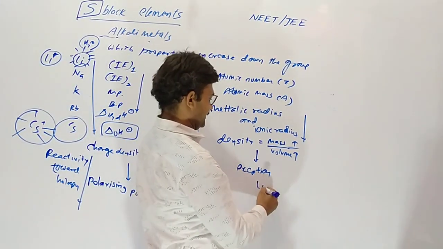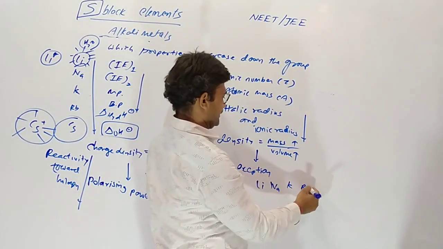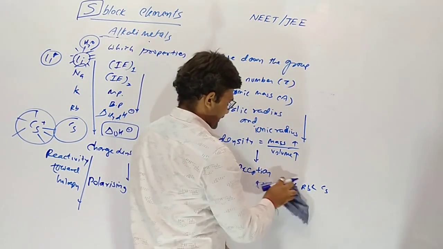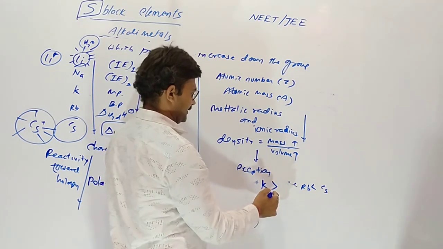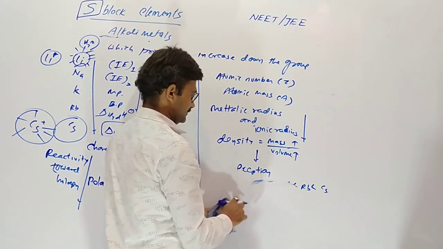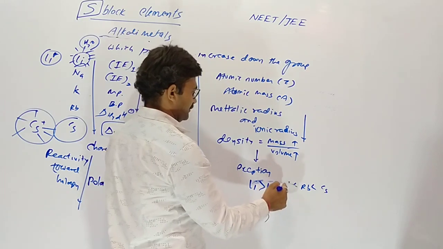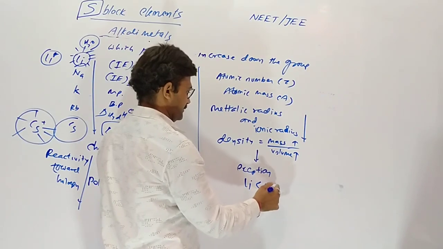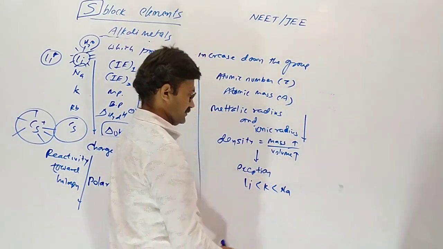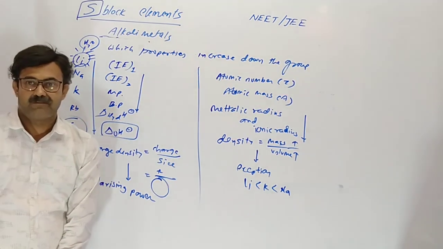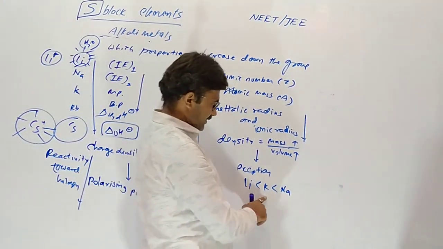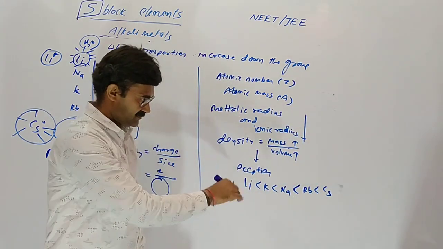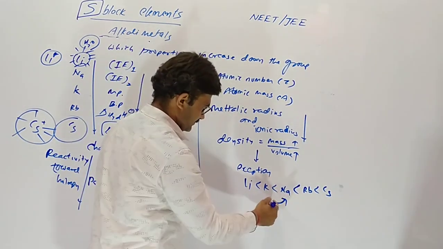Density from lithium to sodium, potassium, rubidium, cesium should increase, but here the density of potassium is lower than sodium. Here is an exception in density.